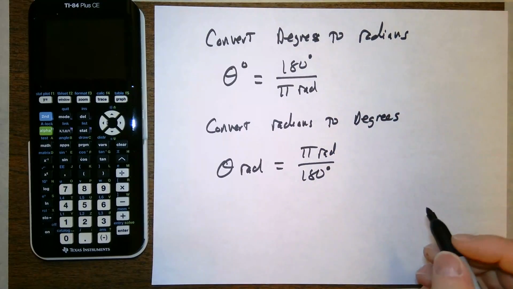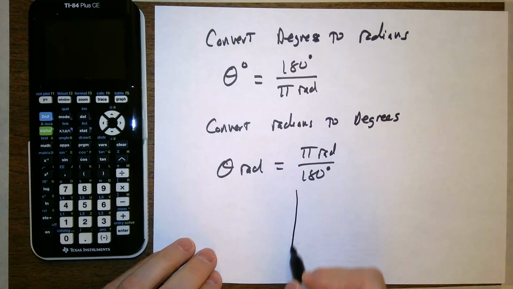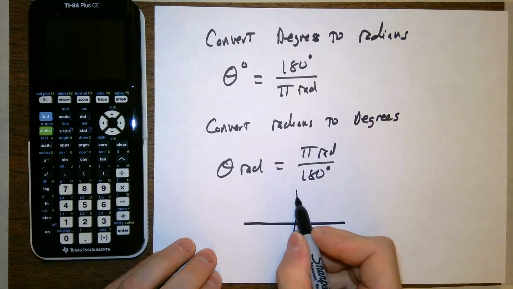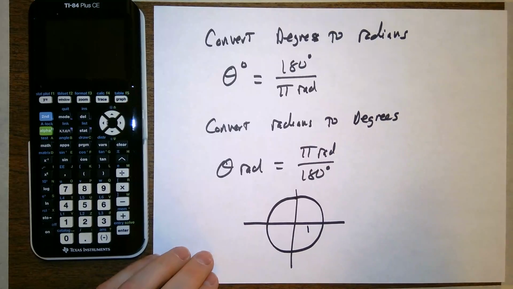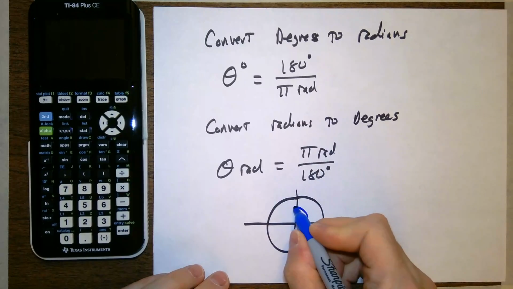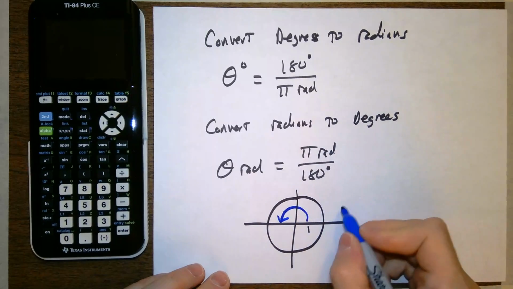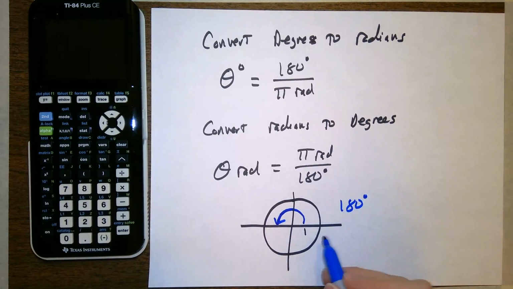Well, what's going on? Why does this work? Well, let's take a look at the unit circle, which is just a circle with a radius of 1. Now, what is in degrees, 180 degrees, would be this measure right here, that angle. But what would that be in radians? Well, remember, a radian is the length of the arc over the radius.